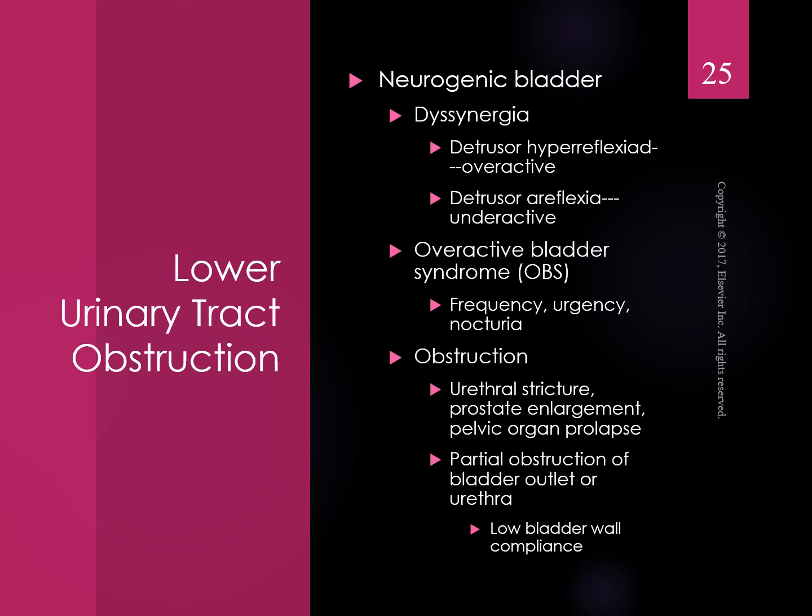Partial obstruction of the bladder outlet or the urethra initially causes an increase in the force of the detrusor contraction. If the blockage persists, afferent nerves within the bladder wall are adversely affected, leading to urinary urgency and, in some cases, overactive detrusor contractions. Ultimately, the bladder wall loses its ability to stretch and accommodate urine, a condition called low bladder wall compliance, and the detrusor loses its ability to contract efficiently.